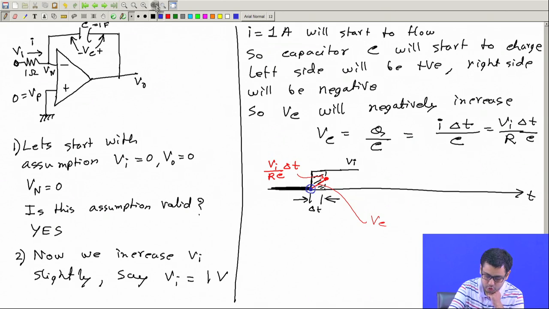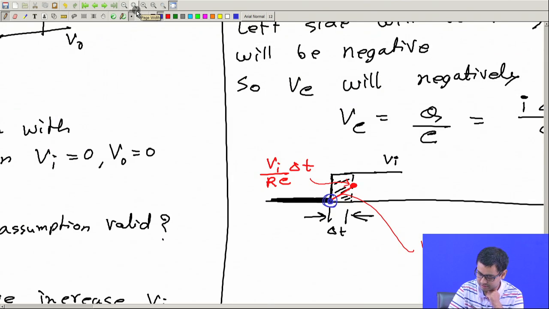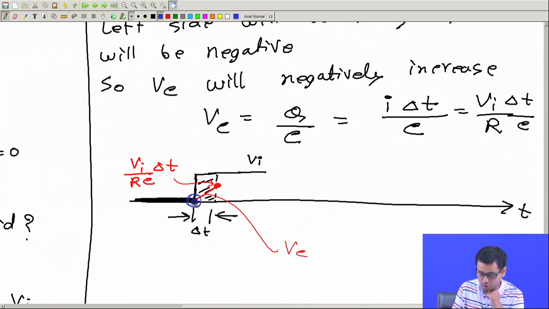Let me zoom into this part. So here Vo was 0, and if we assume that Vo remains 0 even after this delta t time, then what happens?